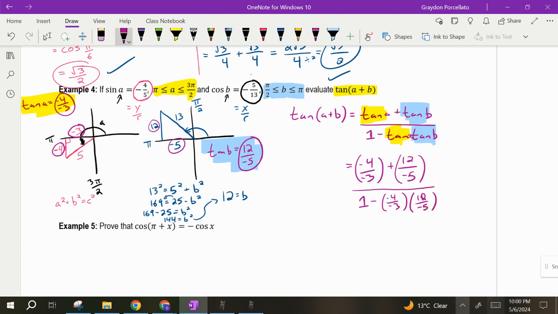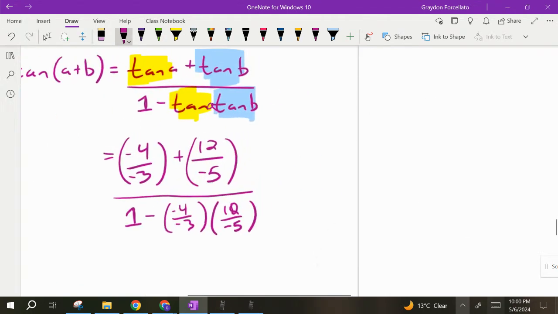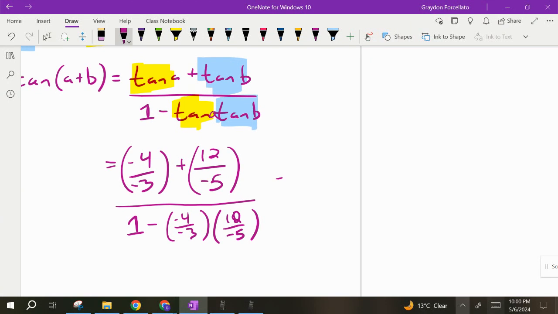Okay. Hopefully you're not having too much fun right now, because this is where we get into some really good fun stuff. Working with fractions at a maximum capacity here. So let's work with this. To deal with the top, I've got to go common denominator. So I'm going to multiply the first fraction by 5, the second one by 3, and I'm also going to remove those negatives.